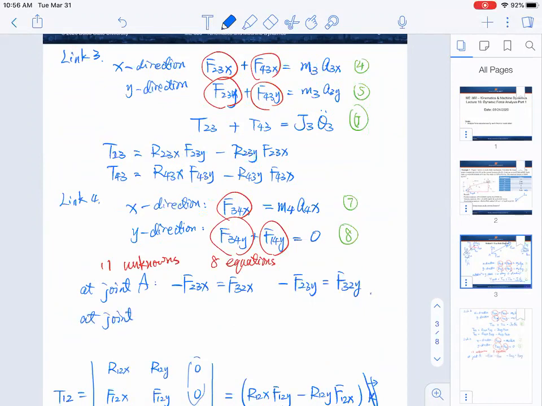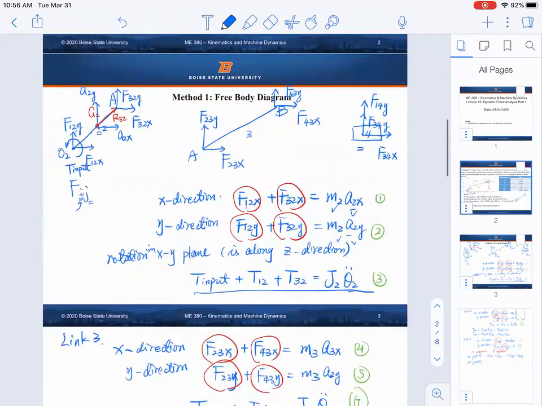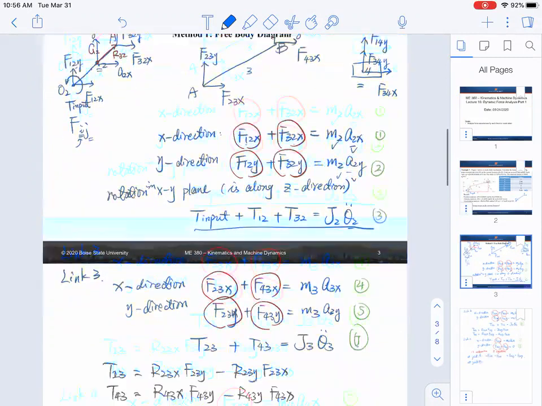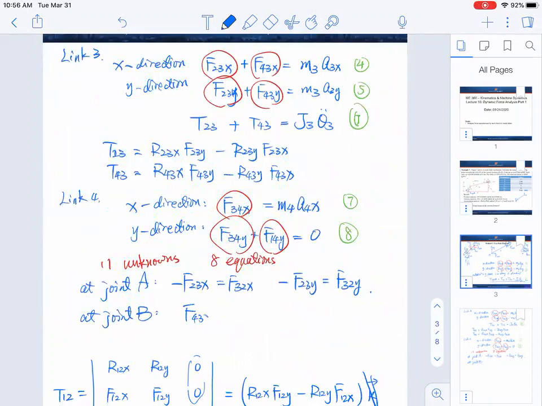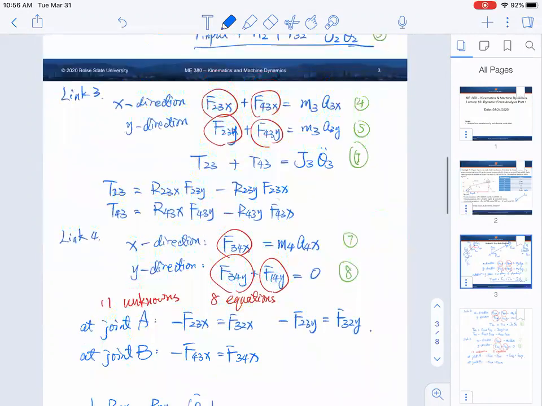And then at joint B, you should have F43x equals F34x, and then F34y equals F43y. Am I missing anything? Let me see.